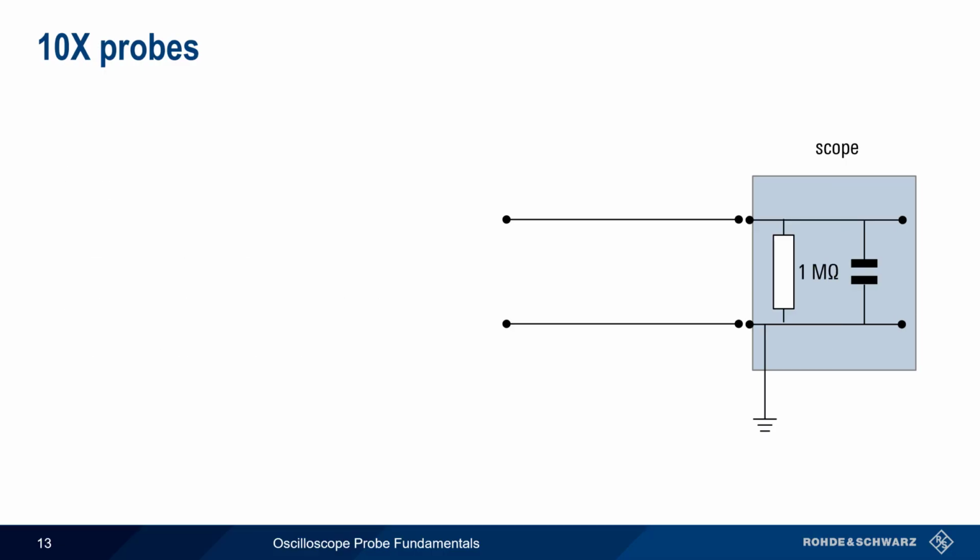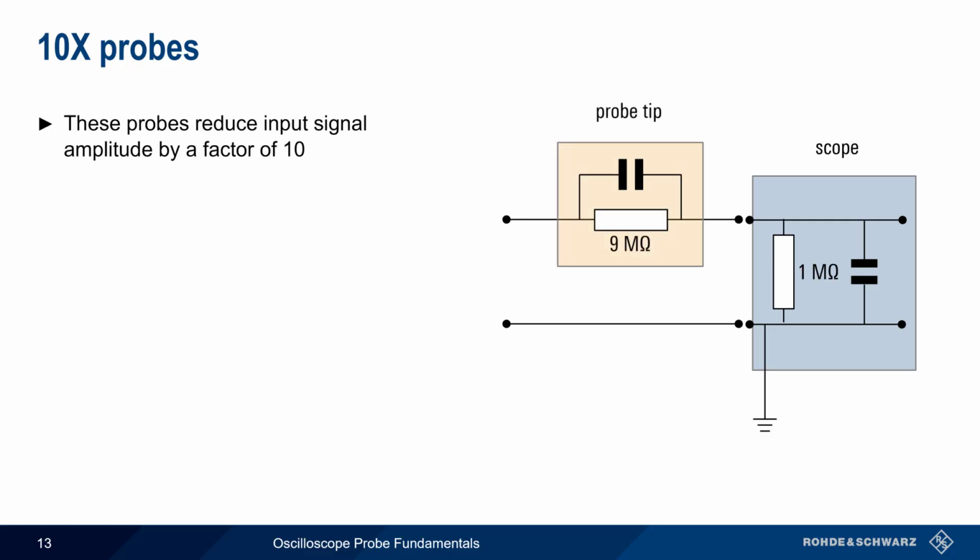The standard 10x probe supplied with most new oscilloscopes reduces signal amplitude by a factor of 10. This is done by incorporating a 9 megaohm resistor in the probe tip, and this resistor then acts as a voltage divider, together with the scope's 1 megaohm input impedance. Higher attenuation makes 10x probes good for higher voltage measurements.